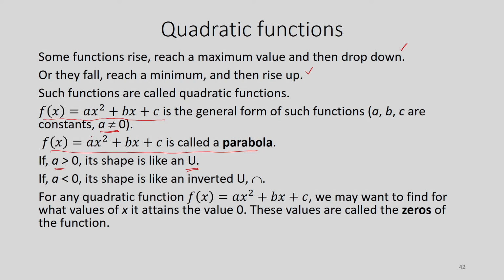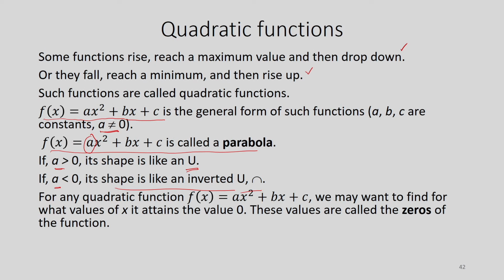So, this a is crucial as far as the shape of the function is concerned. And if a is less than 0, the second case, then the shape will be like it rises first and reaches a maximum value and then comes down. So, it will be like an inverted U, okay. Not exactly, but roughly an inverted U.